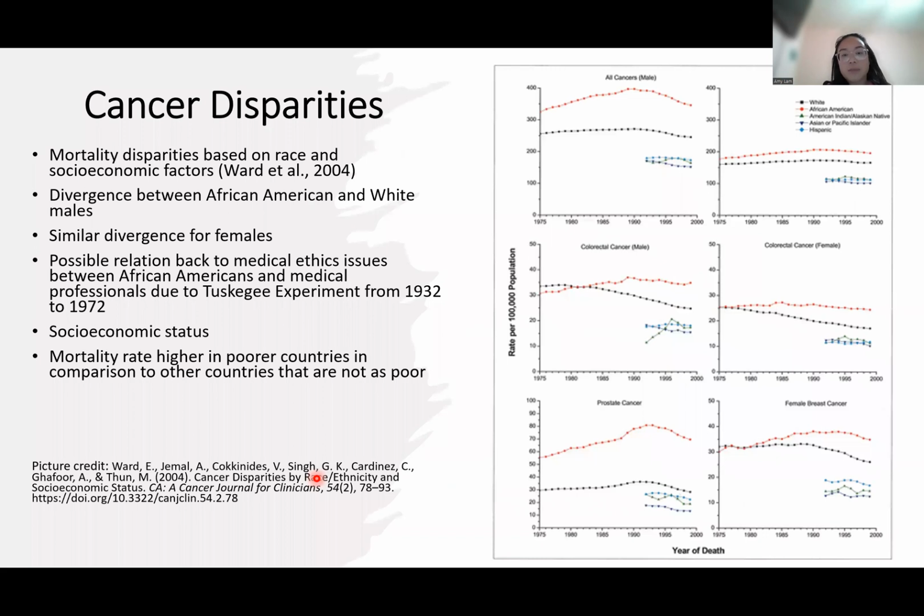And then for cancer disparities, there were a few disparities that I saw, and I picked the mortality disparities based off of your race and the socioeconomic factors from one of the articles that I found. And this is the graph that I'm showing for the different types of cancers throughout the years of different races.